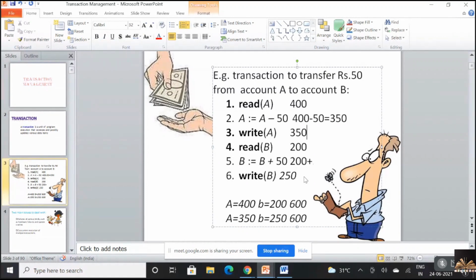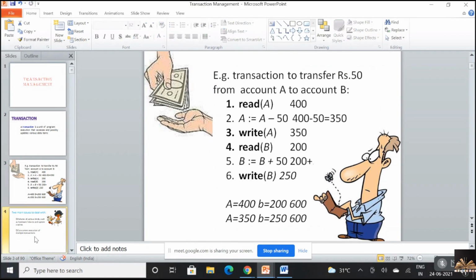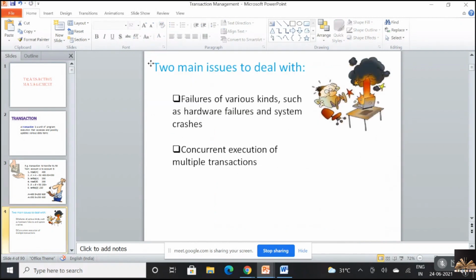Meaning, the value present before the start of a transaction and after successful execution of a transaction should be the same. So that is what a transaction is. That makes your database stay in a consistent state. I hope the example is clear, ma. Now, whenever you're working with transactions, there are two major issues to deal with.